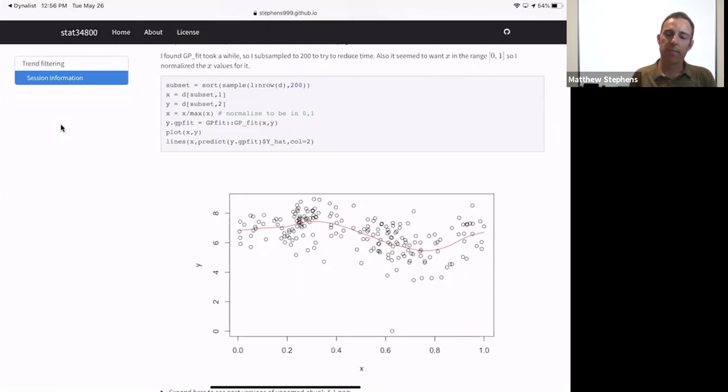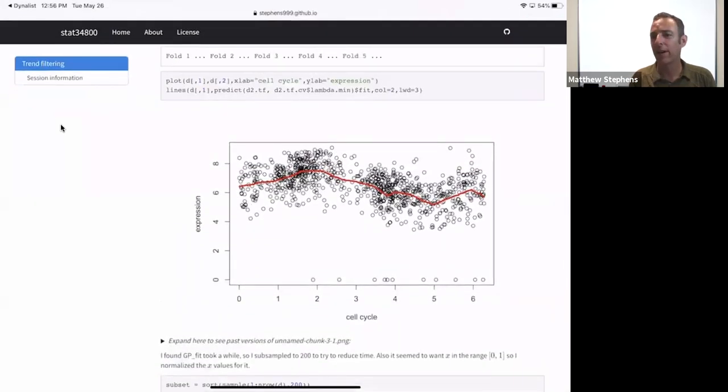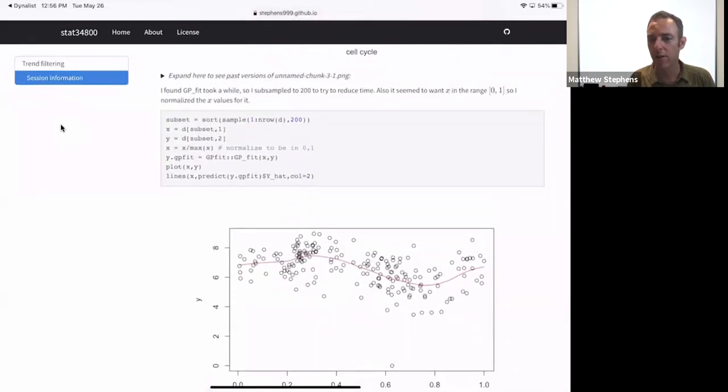And so as n increases, these methods become very computation intensive, which is why you probably wouldn't use them instead of, say, trend filtering in this one-dimensional case, although you can see that the result is at least somewhat reasonable, right?